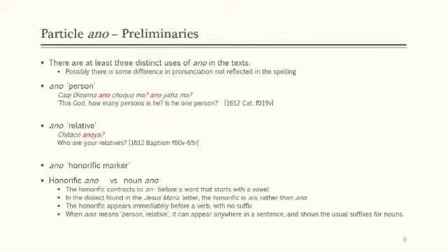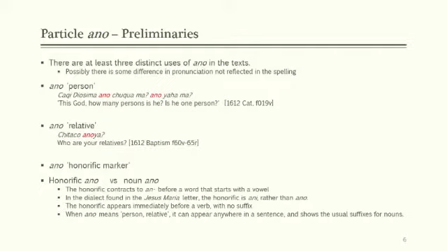It's possible that there might have been some distinction, like maybe some vowels were long and some were short, maybe some were stressed differently, maybe there was tone, something else that is not represented in the spelling system. But one sense of ano is just person. So, for example, this God, how many persons is he?